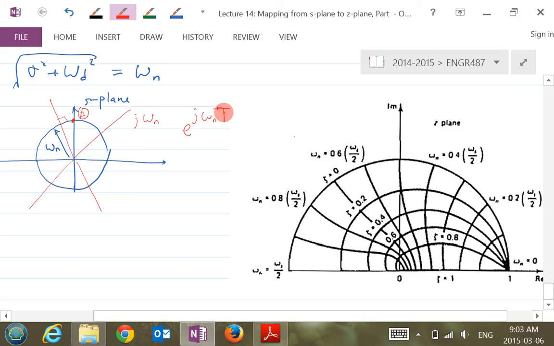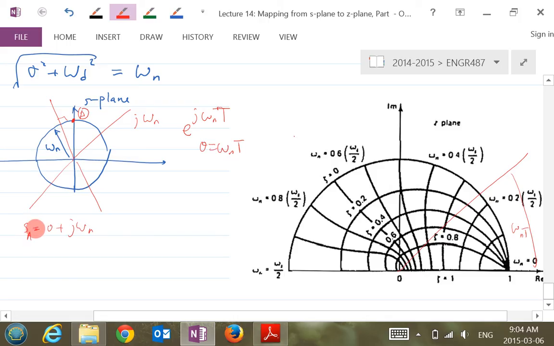The theta angle for A: theta is omega n T. If I draw and find the theta, maybe this is omega n T. A's location is 0 plus j omega n.